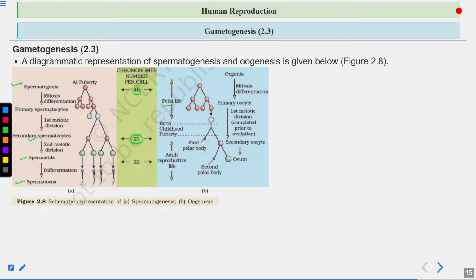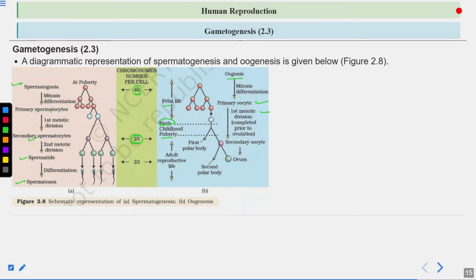Then oogonia. Oogenesis is a little more complex as compared to spermatogenesis. Oogenesis starts in the fetal life. Oogonia are formed during fetal life in the fetal ovary. Then from oogonia, primary oocytes are formed before the birth of the female. These primary oocytes are arrested in prophase 1 of meiosis. They complete their meiotic division after the female attains puberty, and this division is unequal.